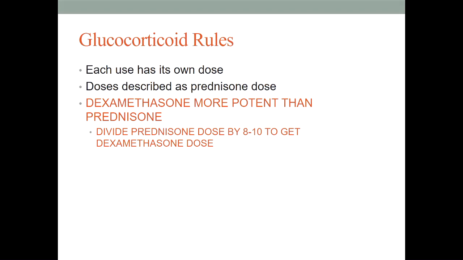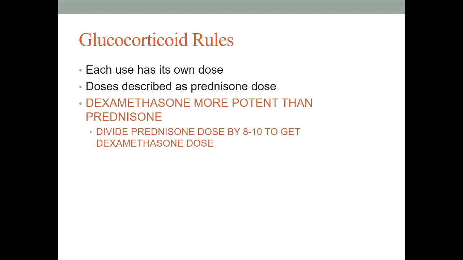All right, glucocorticoid rules. This is what I think is the most important walk-around knowledge that you need to have. If you have a different dose of glucocorticoids, you can have a different action. The doses are described in prednisone doses. Usually what people are doing is going from prednisone to dexamethasone because they want to use something like Dex SP and give it IV.